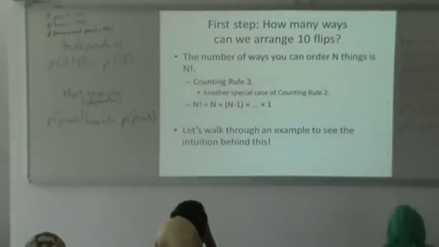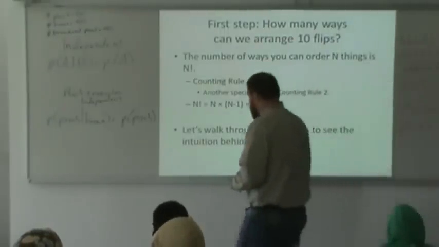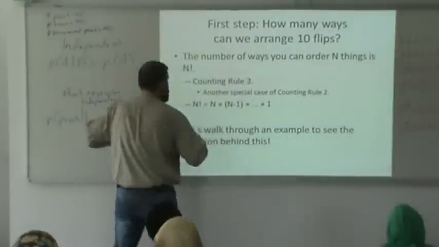So the first step is how many ways we can arrange the 10 flips. Now, the number of ways that you can order things is n factorial. This is counting rule number 3, which again, I'm not ever going to ask you, but I might ask you how to do something using counting rule number 3.